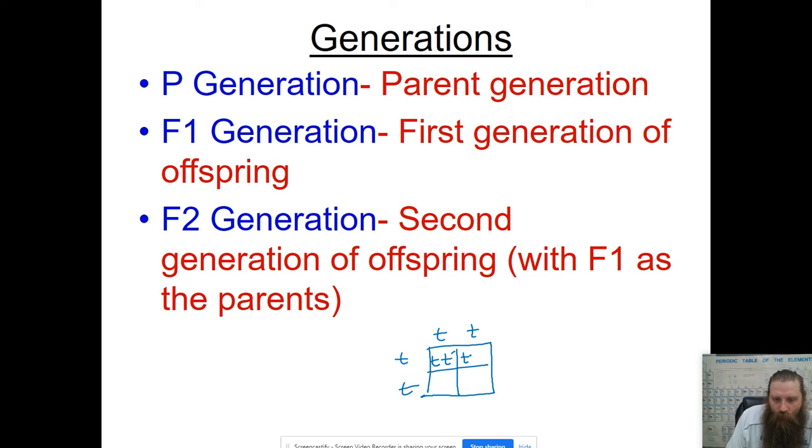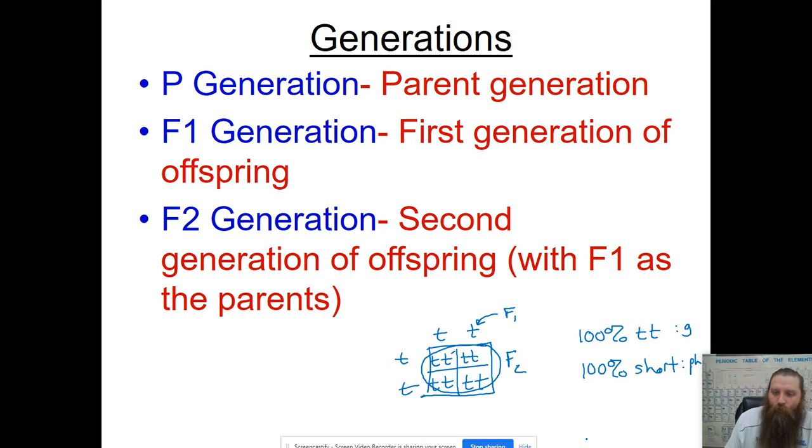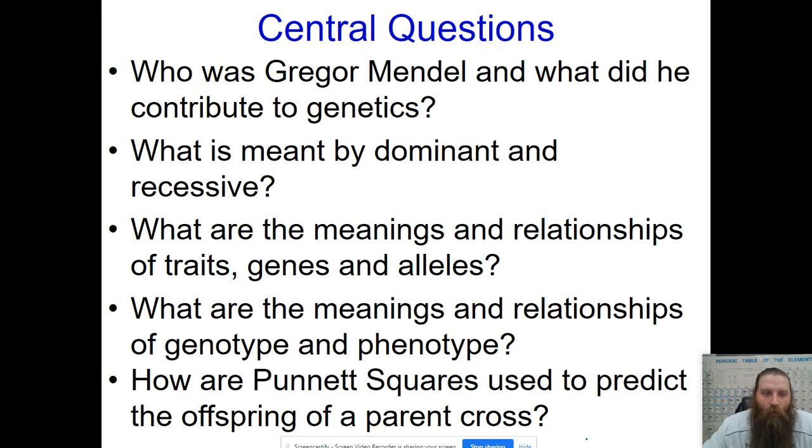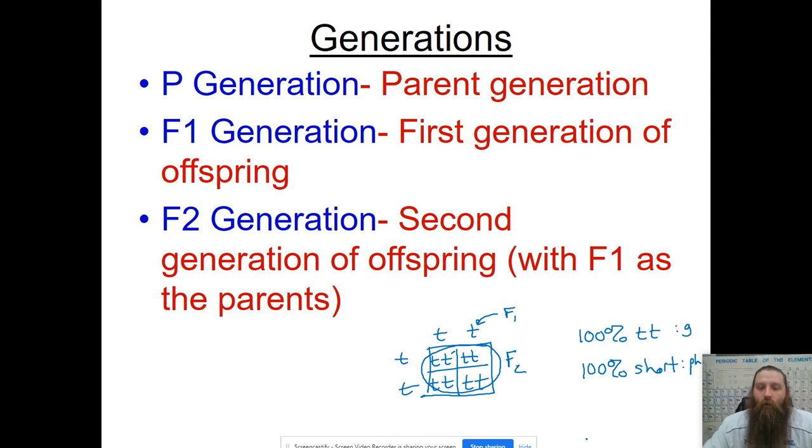I'm going to get little t's everywhere. So this was F1. So now all these guys would be F2. And in this case, I would have 100% little t, which would be 100% short. That would be my genotype, and this would be my phenotype. All right. F3 would obviously be the next generation.